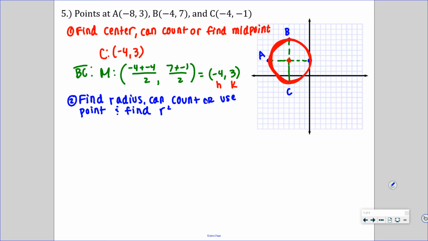But because this one is nice with my vertical, horizontal, I don't want to call them vertices of my circle, but line up.